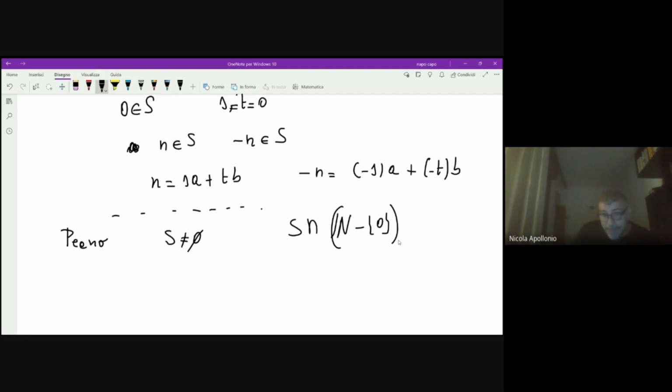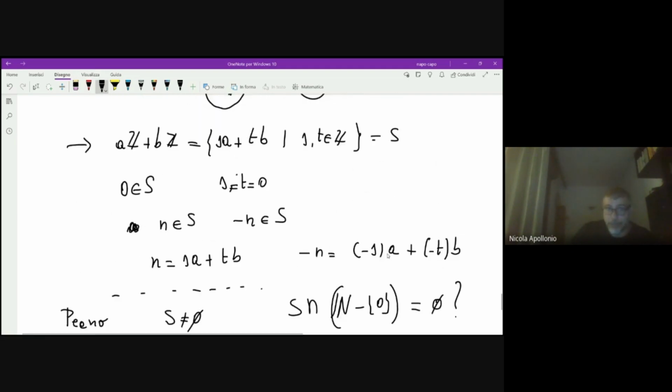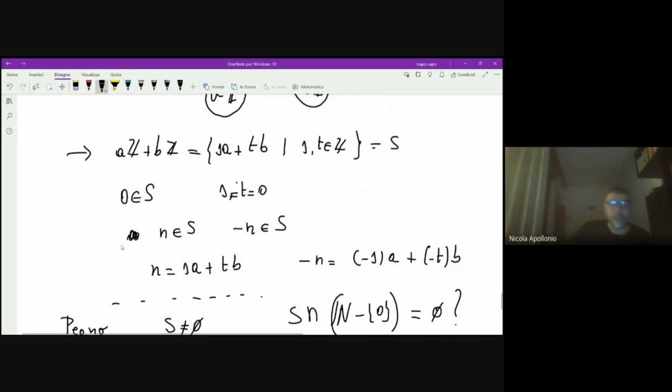Is this set empty? No, it's not. Why is it not? Because of this property. This property guarantees that S is not empty because, pick an element.